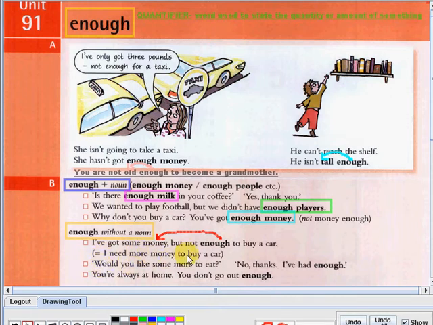Would you like some more to eat? No, thanks. I've had enough. So, what do you think the word enough is referring to? Very good. The word enough here is referring to the word eat. Some more to eat. Now let's have the third sentence.